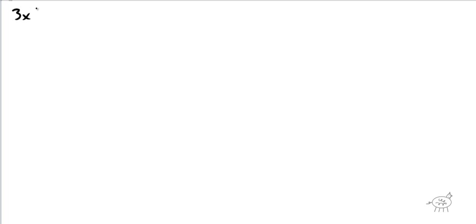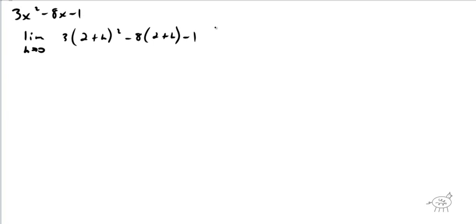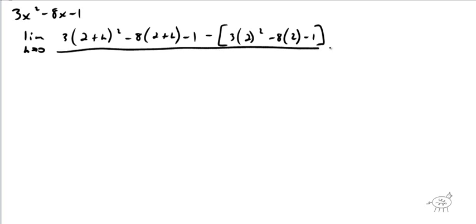This is 3x squared minus 8x minus 1. So limit as h approaches 0 of, and then we're going to put, again, 2 plus h in here. Squared minus 8 times 2 plus h minus 1, minus bracket 3 times 2 squared minus 8 times 2 minus 1, all over h.